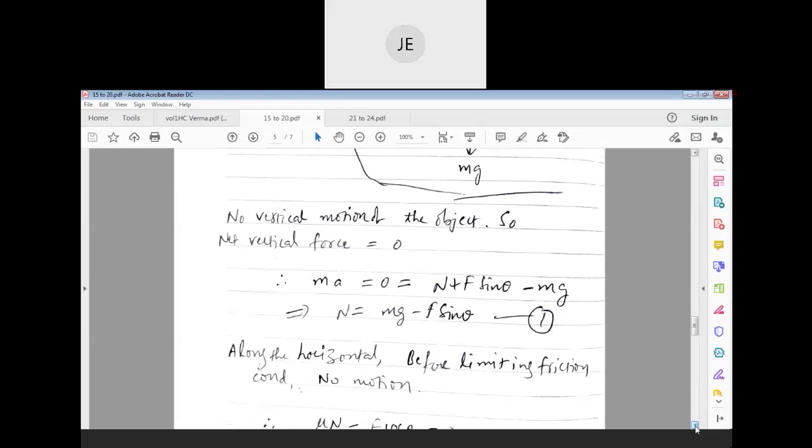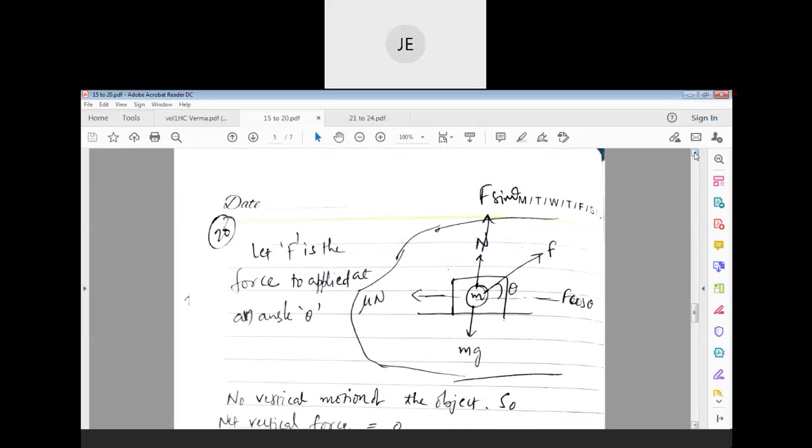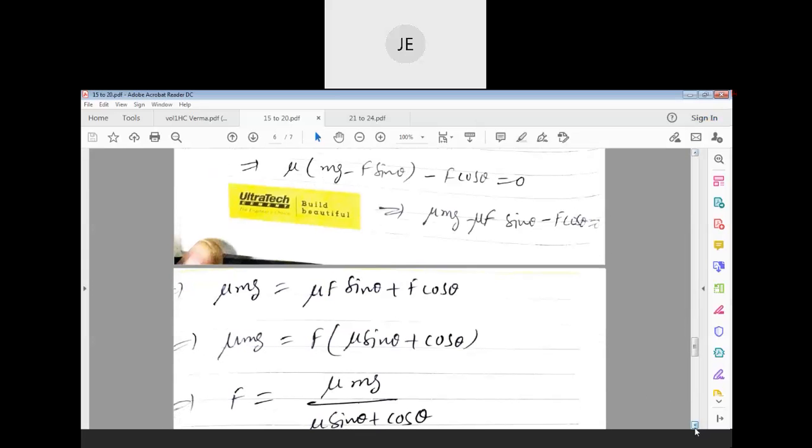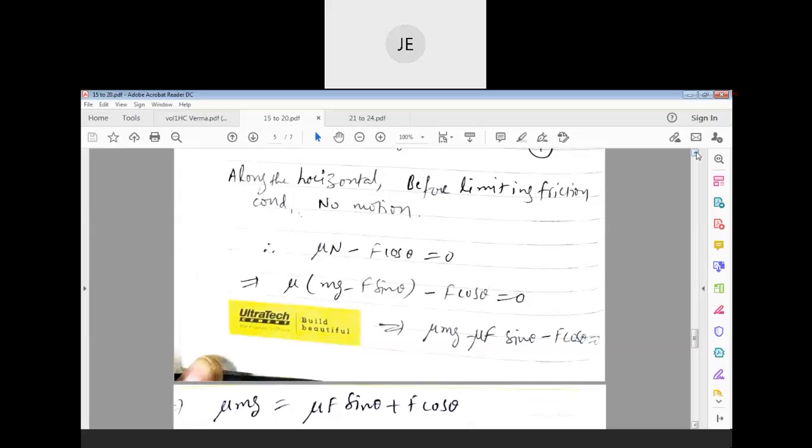And if you write the net force equation along the horizontal, before limiting friction, since no motion is there, rightward direction F cos theta, leftward direction mu N. So mu N minus F cos theta is equal to 0.